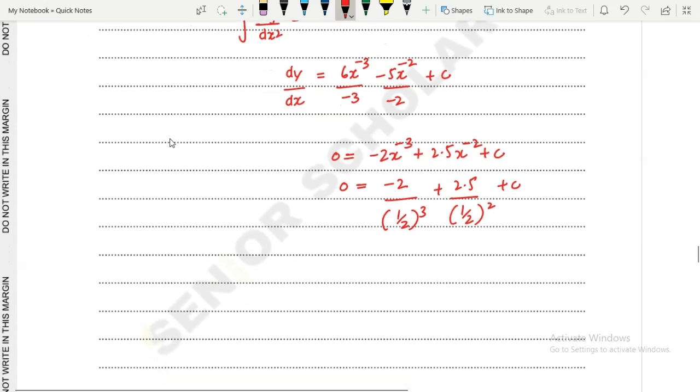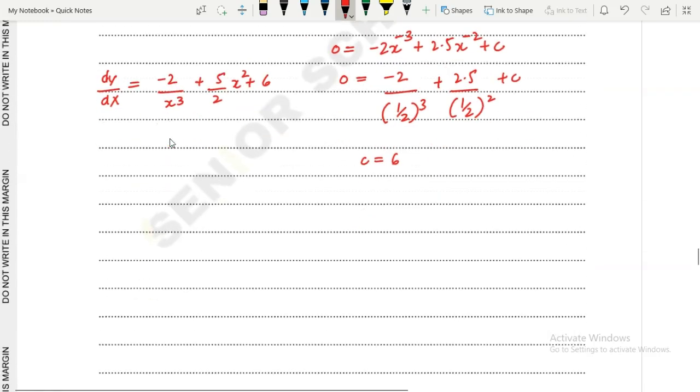So this is going to give us the c. Let's just calculate this. So minus 16, then we have 2.5 into 4, it is going to become plus 10. So this means that dy by dx is equal to minus 2 over x cube, and plus 5 by 2 x square plus 6.